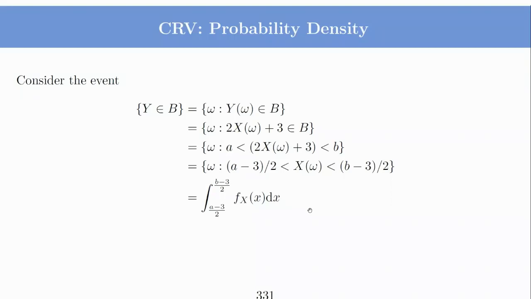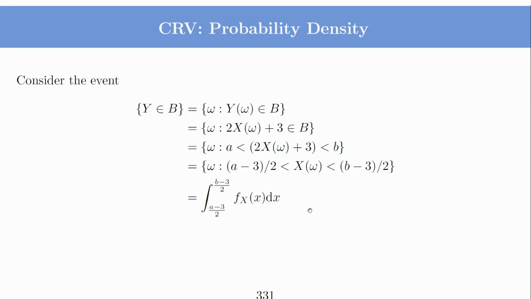So this means 2X(omega) plus 3 should be between a and b. In other words, X(omega) should be between (a minus 3)/2 and (b minus 3)/2. That is just from substitution.